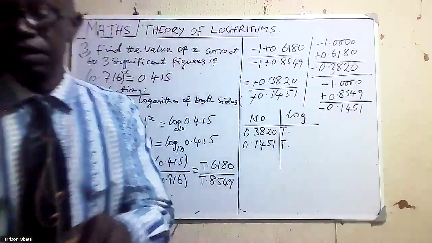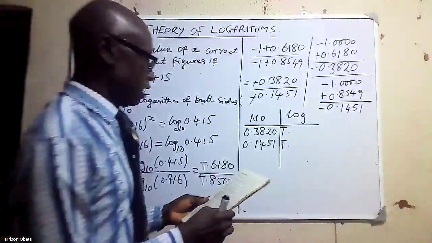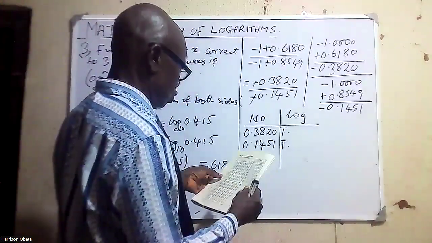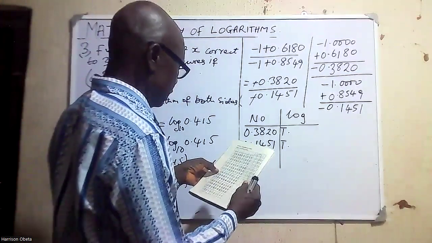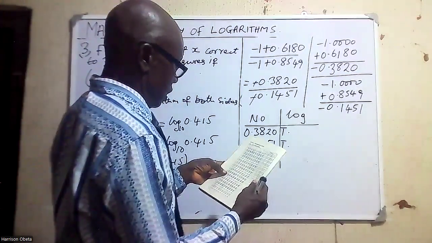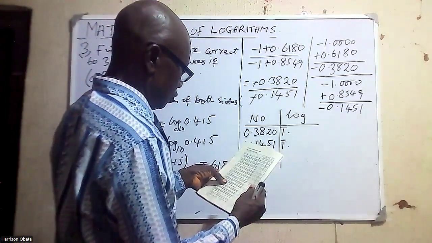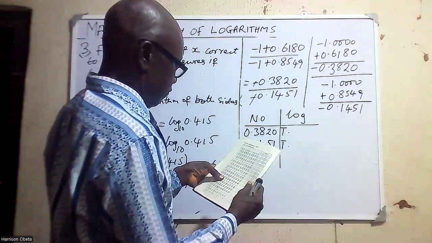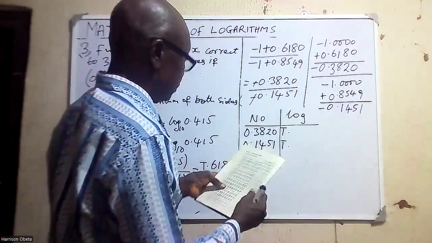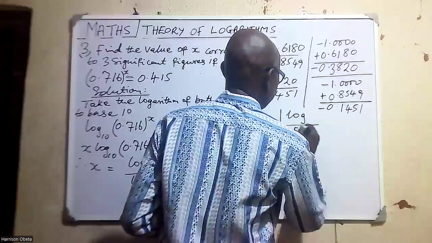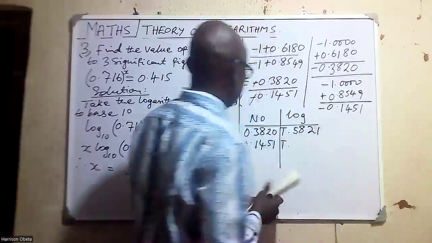So we go back to ordinary log and check. The first one is 38 under 2. 38 under 2 is 5821.